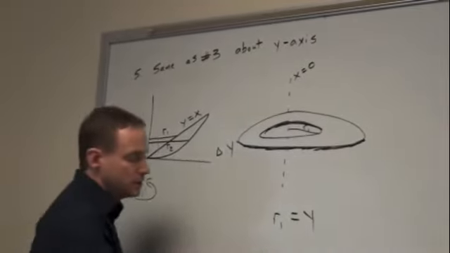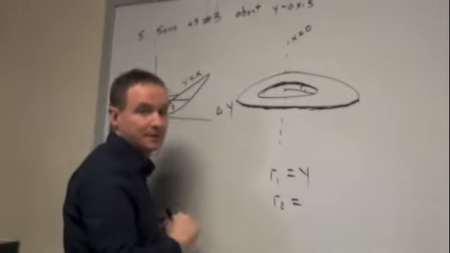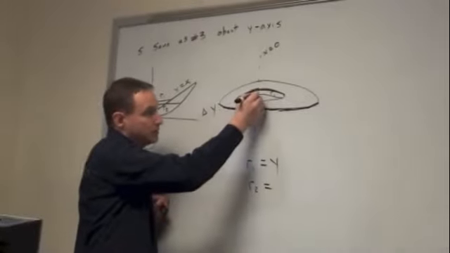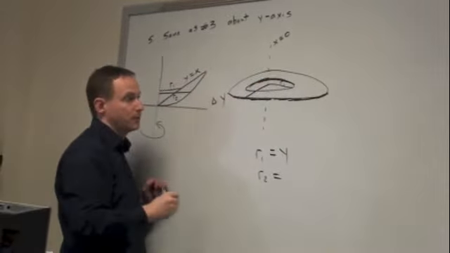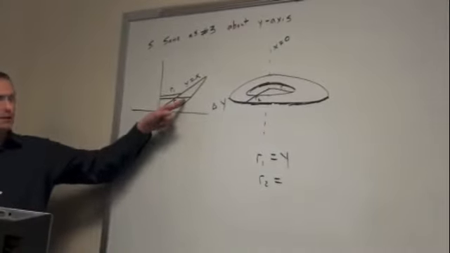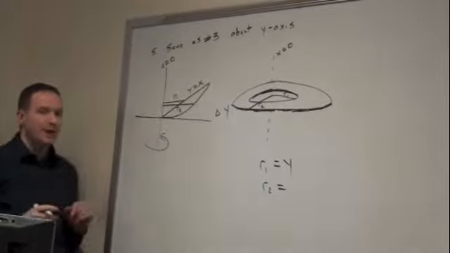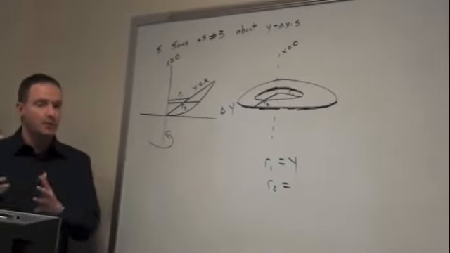Okay, so R2. What's the distance from the axis of revolution to the outer one? Well, same thing as I have labeled here. That's from x equals 0. Notice how I'm always saying x equals here.